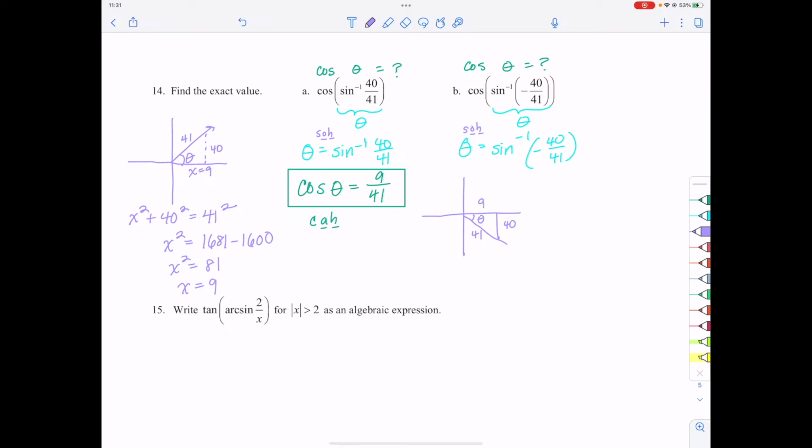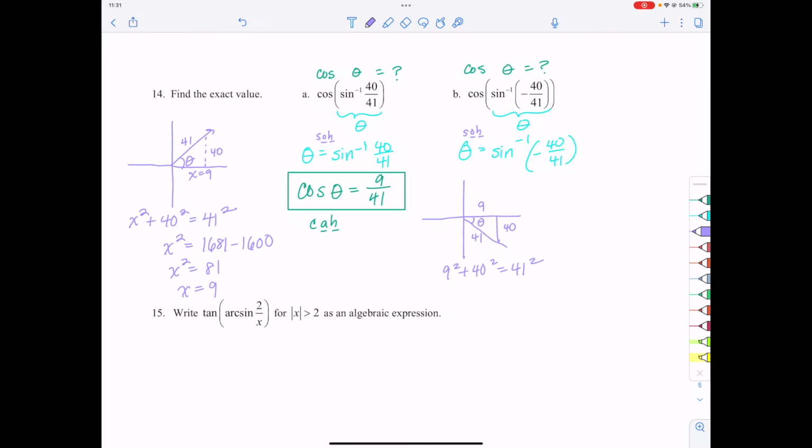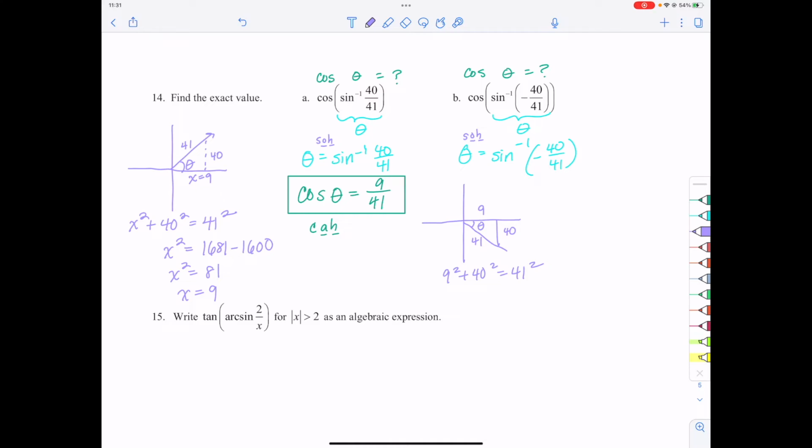We're going to have this equal 9 since 9 squared plus 40 squared equals 41 squared, okay? And that's from the previous problem, part A, okay? So now, what can we say? We can now say that the cosine of theta, which is adjacent over hypotenuse, is 9 over 41.